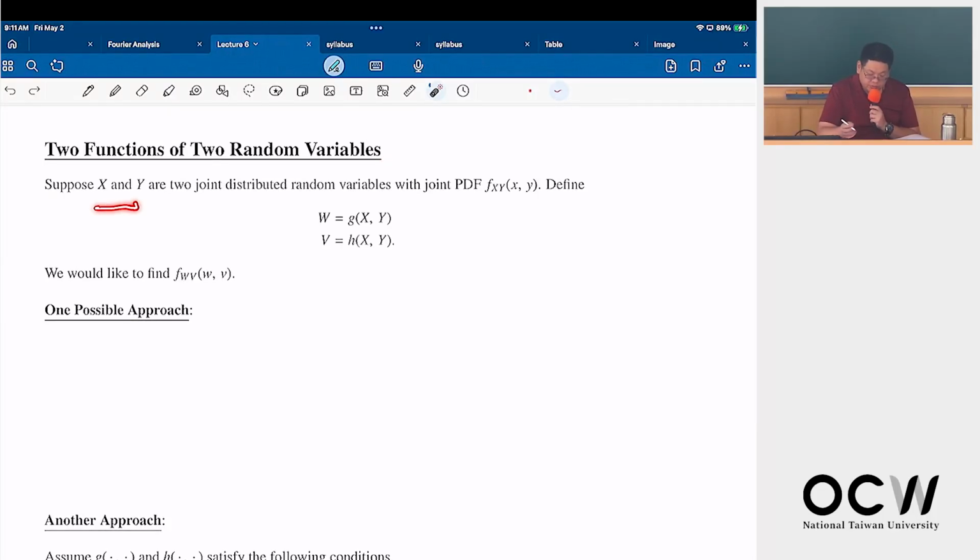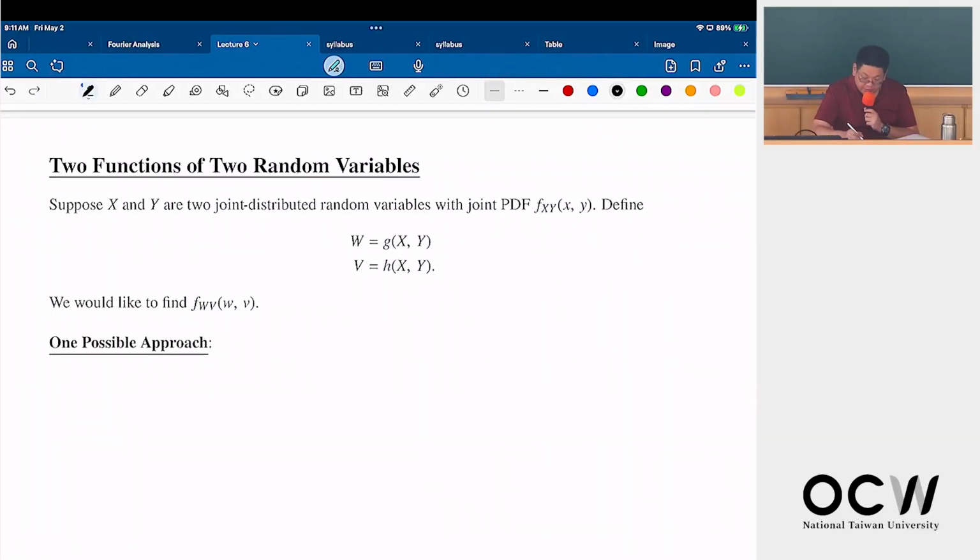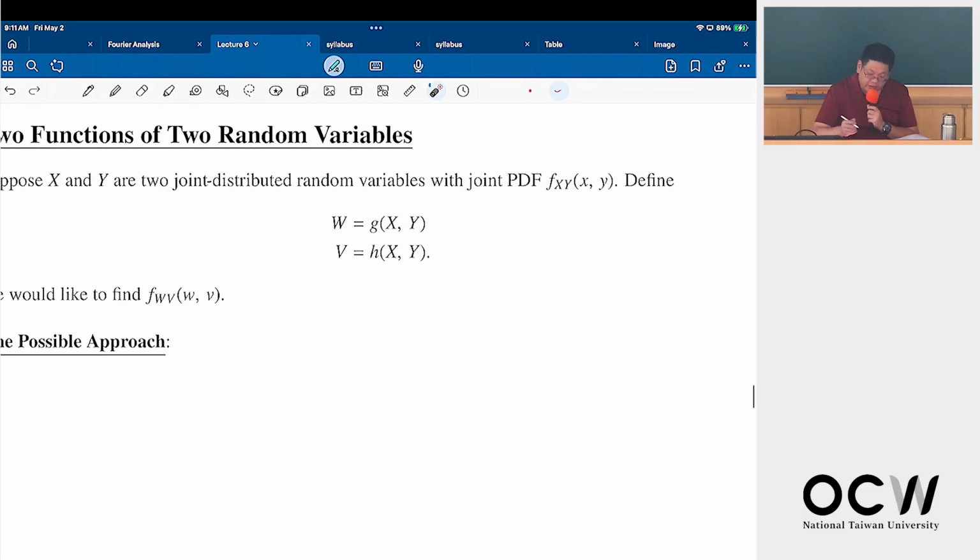I have two random variables that are jointly distributed, and we have a joint PDF. We define another two random variables, W and V. Each of these is a function of the two random variables.